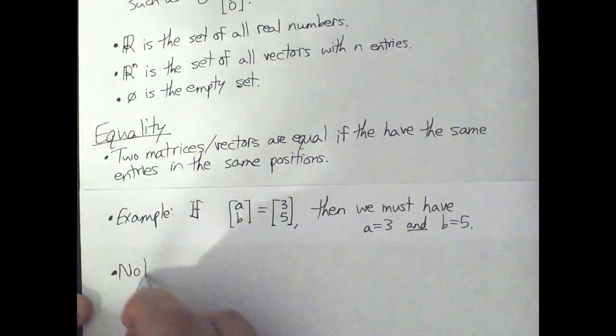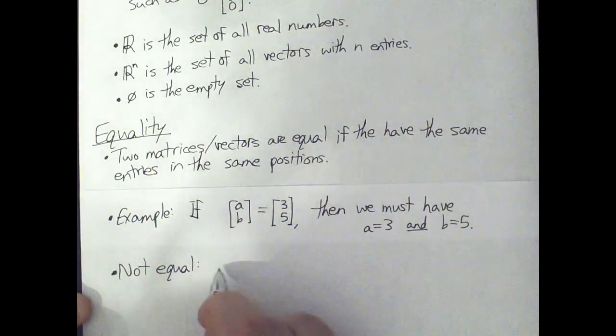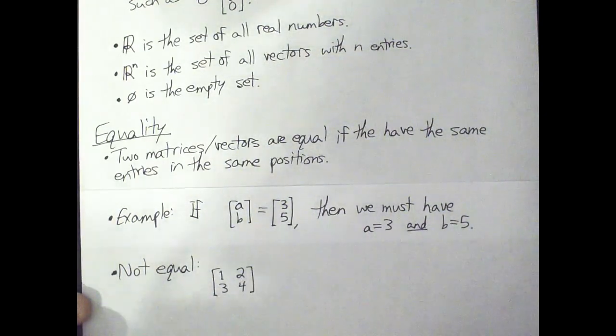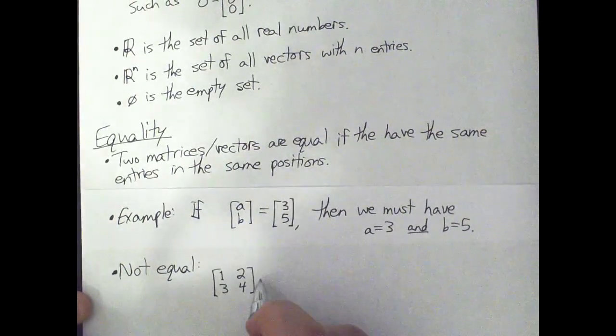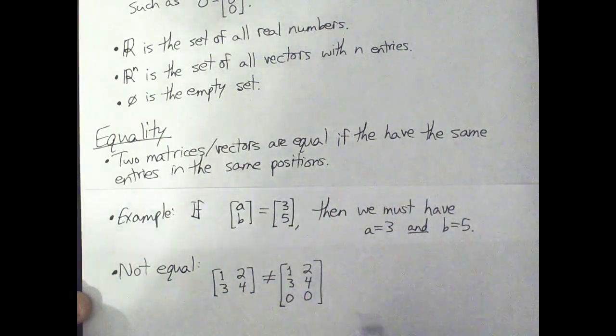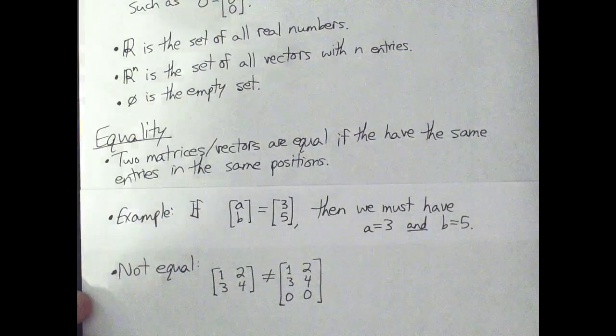Let me show you an example of 2 matrices that are not equal. So this matrix 1, 2, 3, 4, we would call that a 2 by 2 matrix. This is not equal to the matrix 1, 2, 3, 4 with some zeros underneath. Now, these 2 matrices have a lot of the same entries in a lot of the same positions, but not everything.